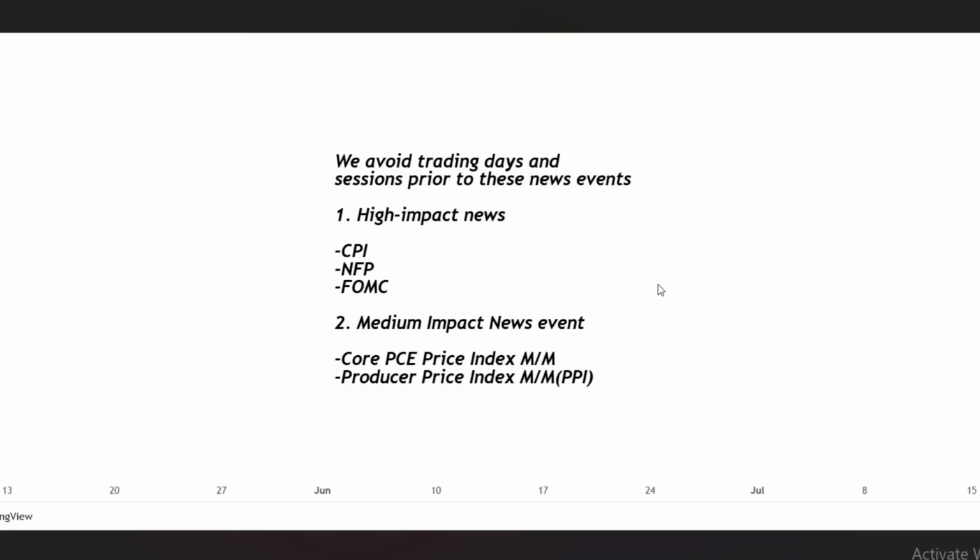When you go to your economic calendar, first of all, we avoid trading on Mondays. So if you want to trade on Tuesday, you have to make sure that you don't trade during these times, right? You have to make sure that if there is this news, then avoid the section that is before this news and also this news, right?